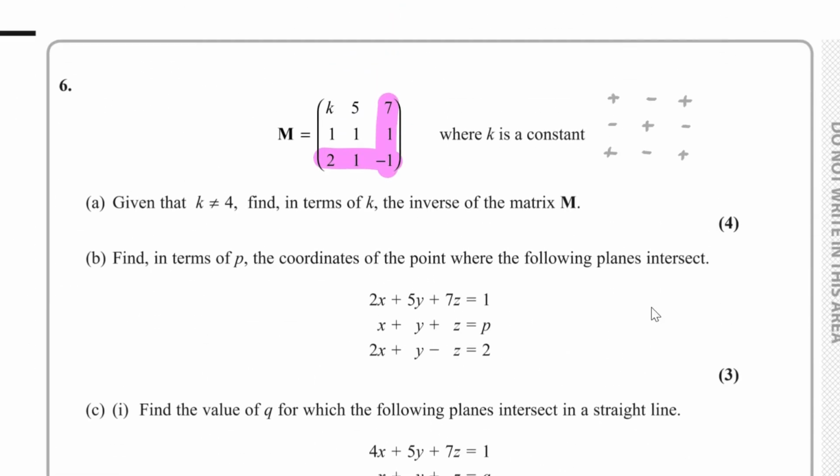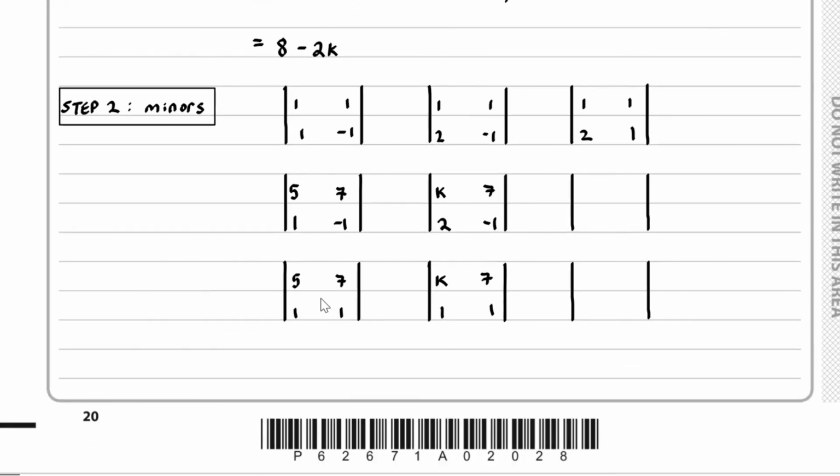We then cover up this column, we then cover up this row, we take the determinant of what's left over. What's left over is the k, 5, 2, 1.